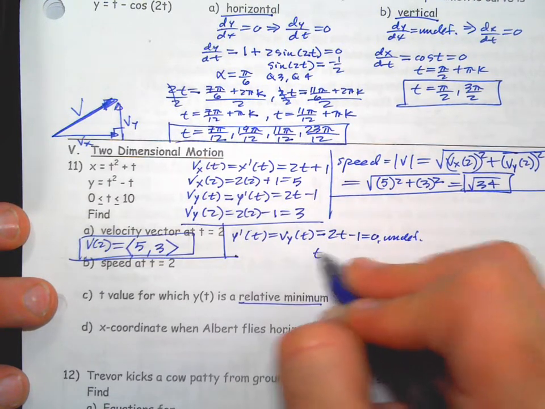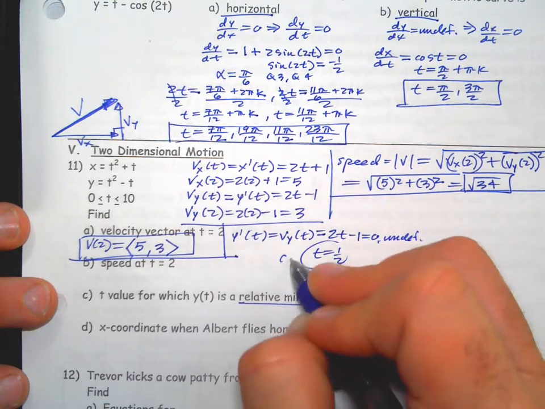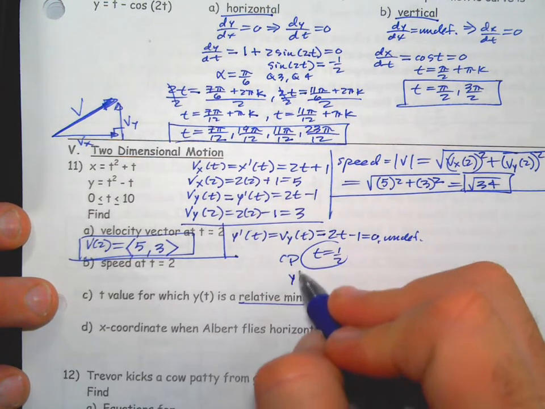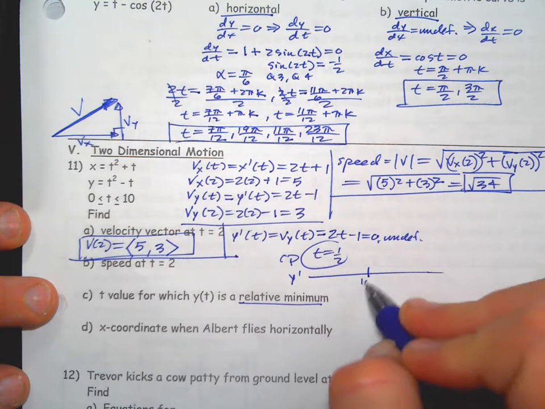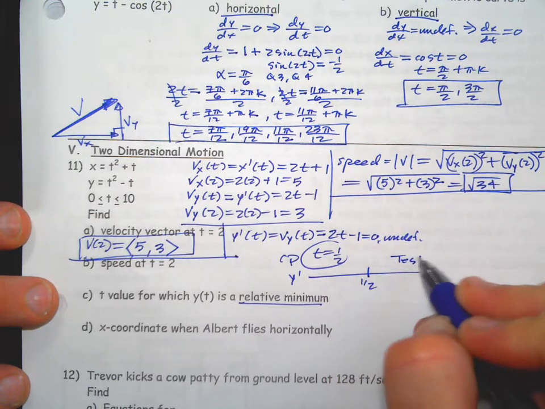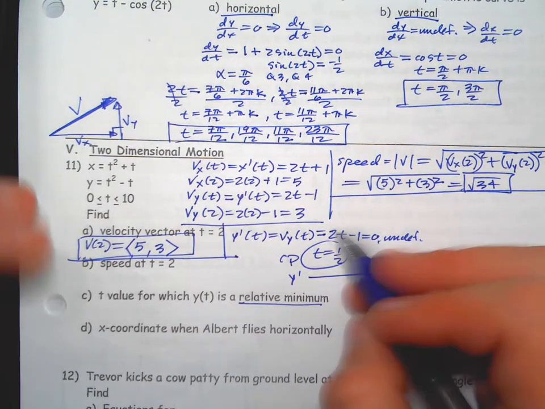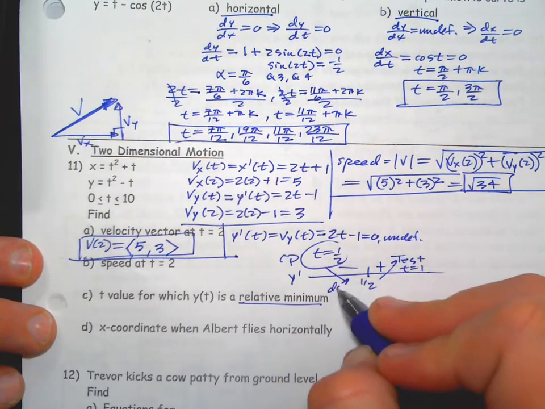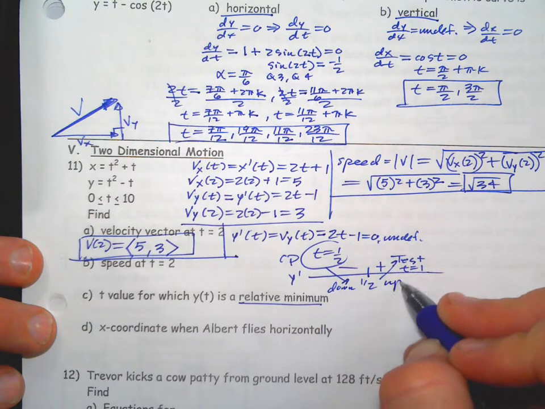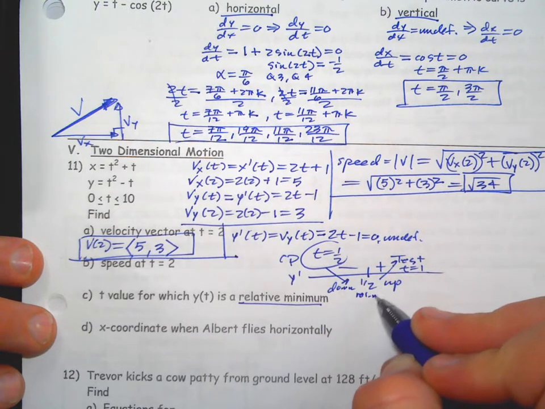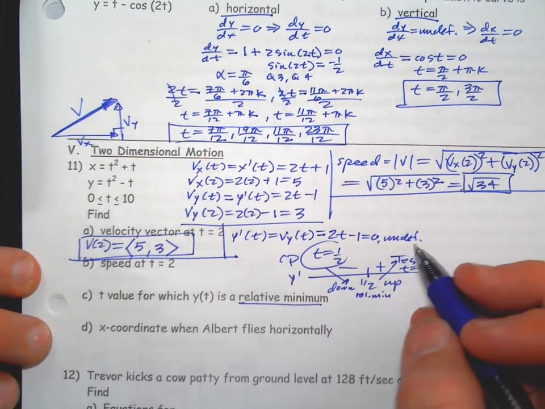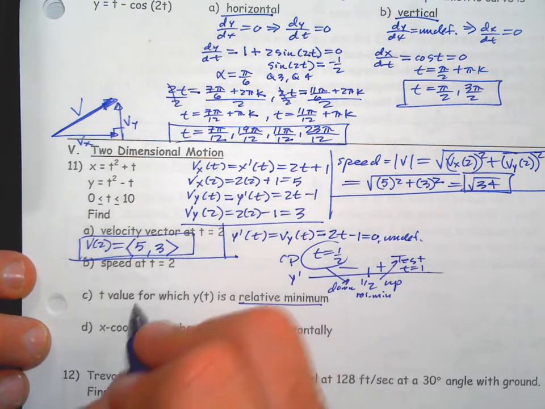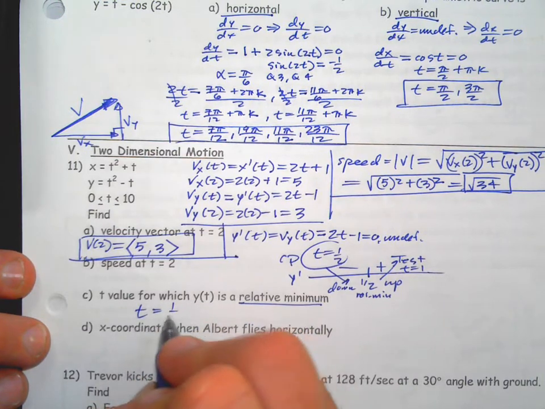And so t equals 1/2 is your critical point. And so we can just do a line check. Test a point. t equals 1, positive, negative. It's moving down, moving up. Relative min right there. So the t value for which y of t has a relative min is at t equals 1/2.